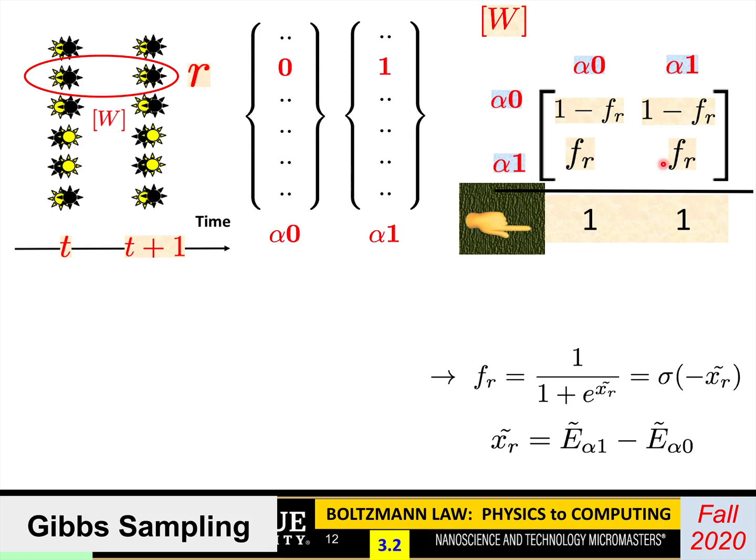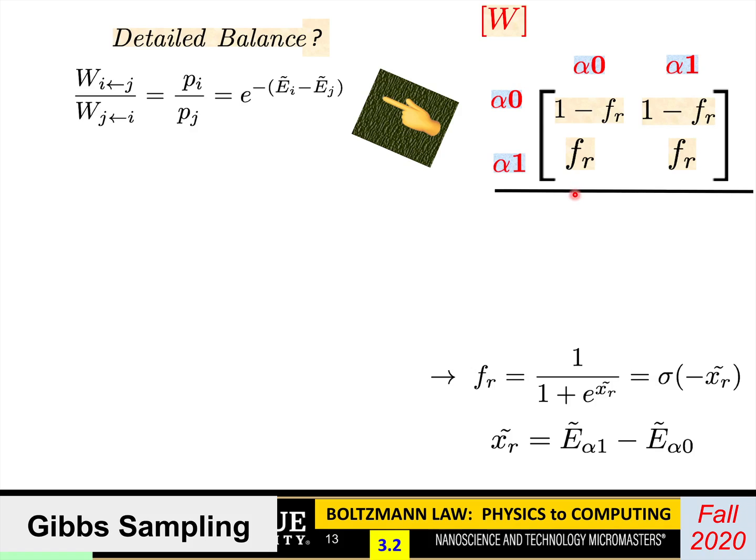That's true, but the way we are doing it here, all other elements of that matrix are actually 0, because in a particular step, the only element that can change is the rth neuron. Okay? And so if these add up to 1, it means the entire big matrix also would add up to 1, the columns.